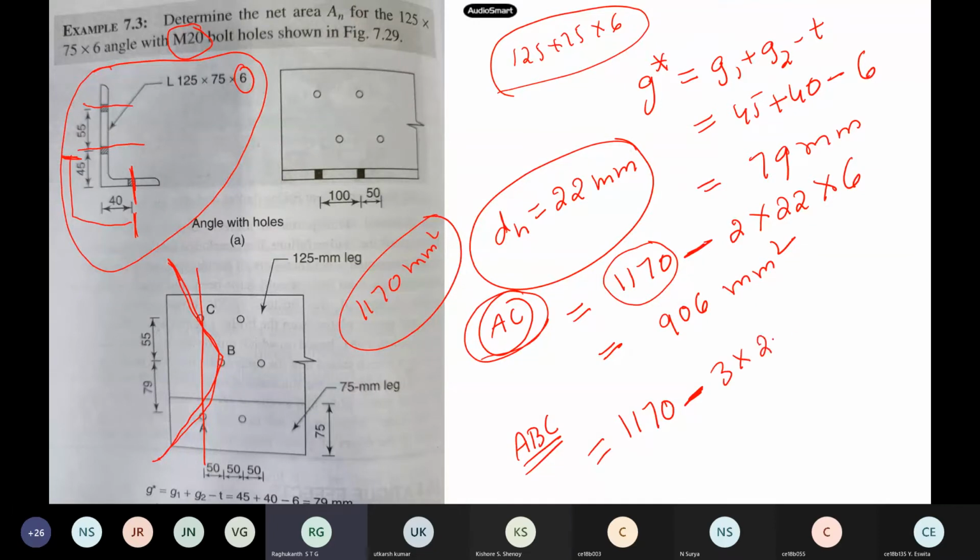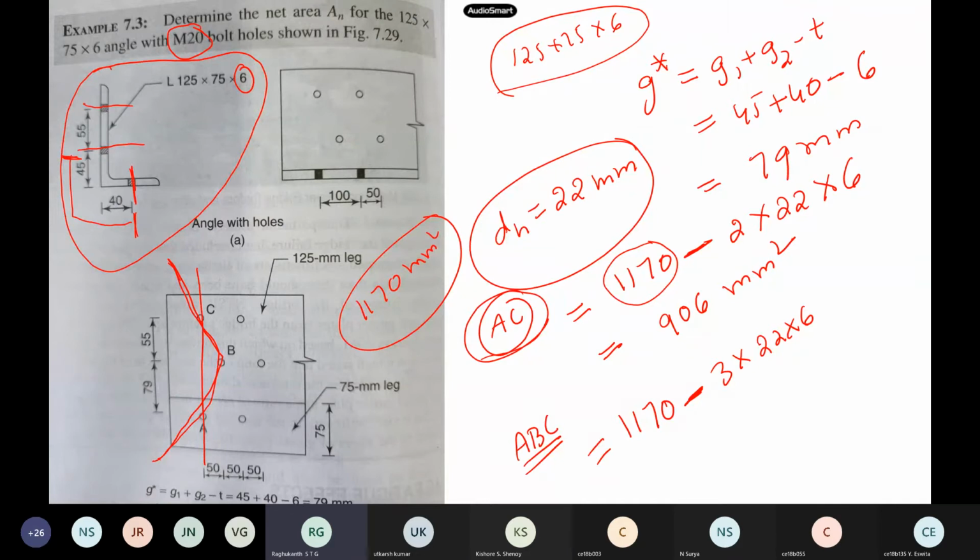So 3 into 22 into 6. Now what you have to add? Plus p square by 4g. How many times you have to add? 2 times. But both are different values. What is the difference between them? The formula is p square by 4g.